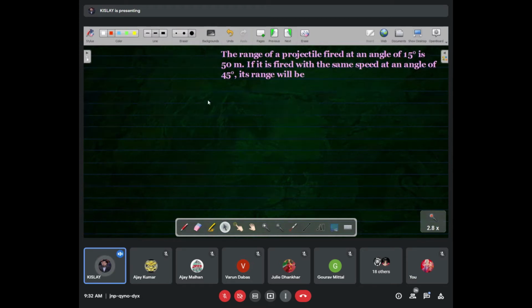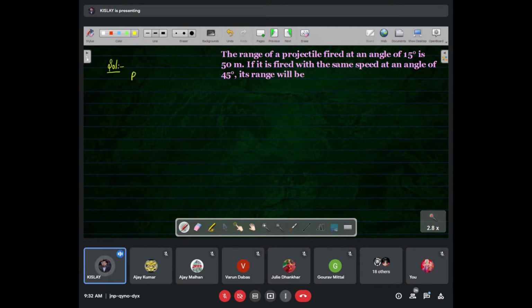The range of a projectile fired at an angle of 15 degree is 50 meter. If it is fired with the same speed at an angle of 45, its range will be. See what we have to do. We are just applying the simple formula for range.